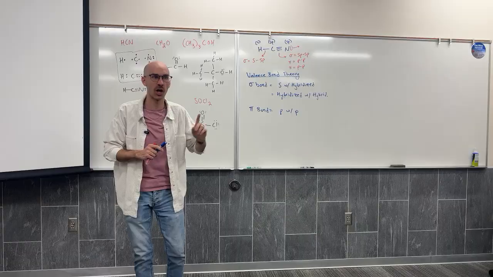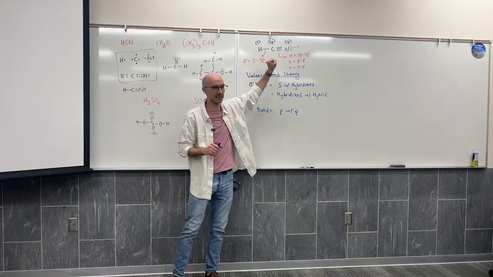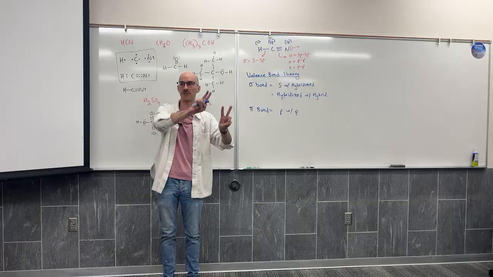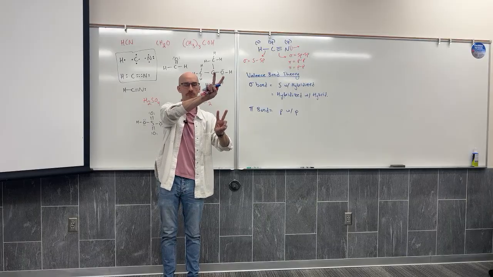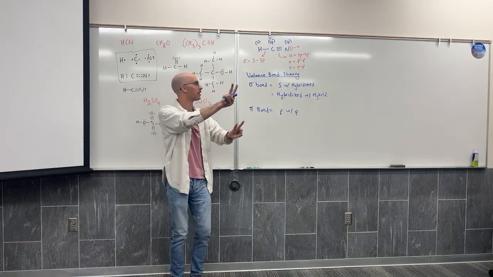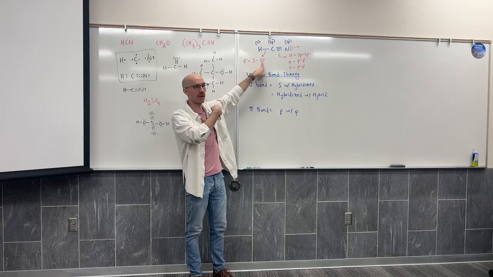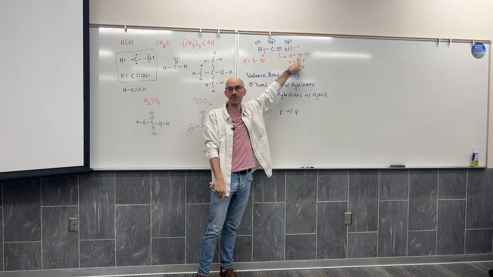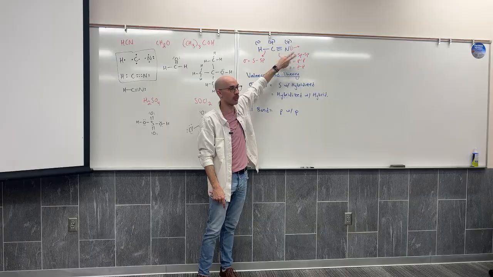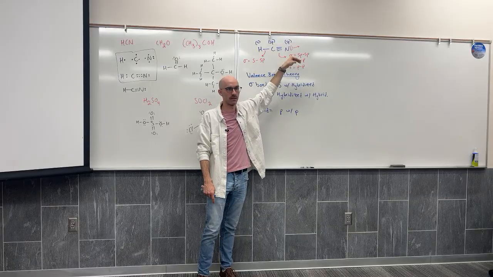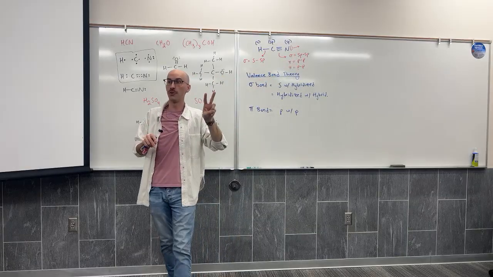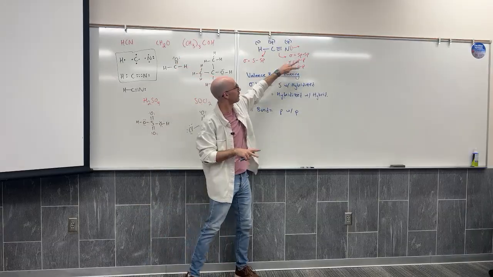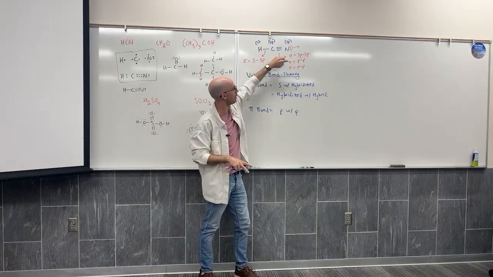Okay, let's think about it this way. Carbon, being sp hybridized, has 2 sp orbitals and 2 p orbitals. One sp orbital bonds to hydrogen, one sp orbital bonds to nitrogen, and the 2 p orbitals bond to nitrogen. Nitrogen has 2 sp orbitals and 2 p orbitals. The 2 p orbitals bond to carbon.